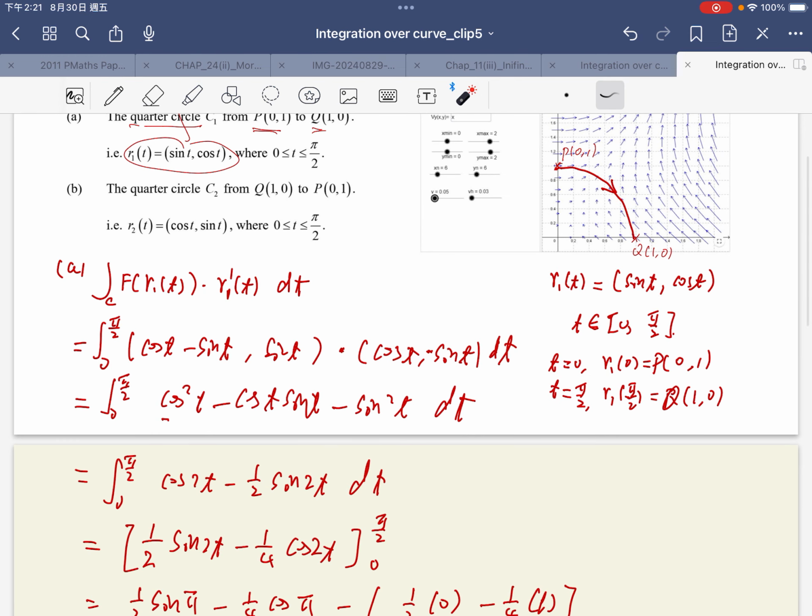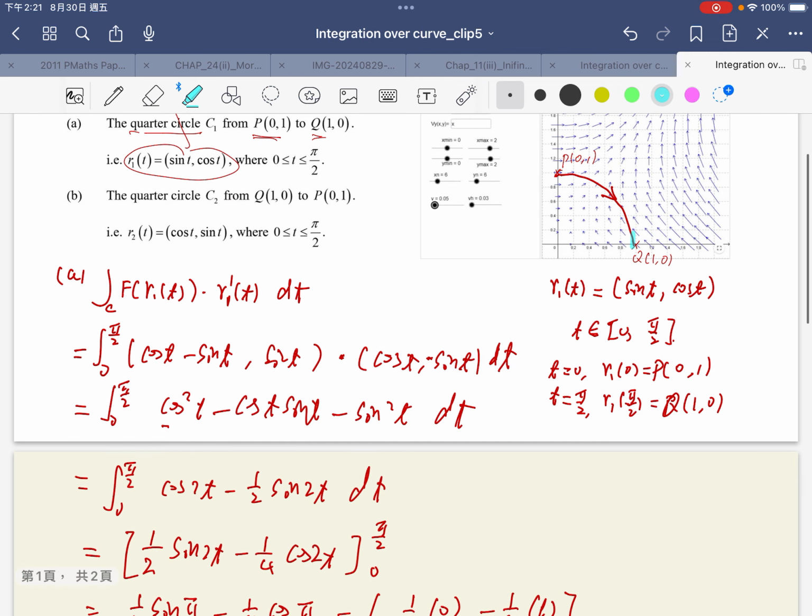And then I use another path, this C2, R2. Actually, C2 is from this point to this point, reversing the direction of the path.